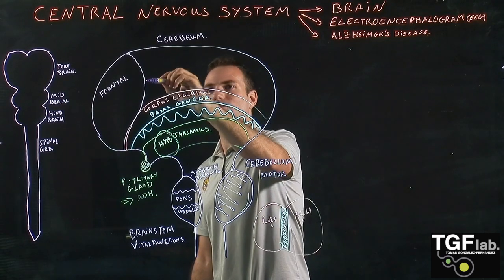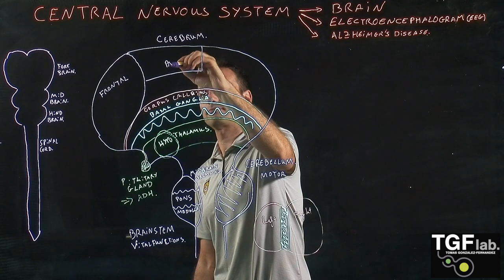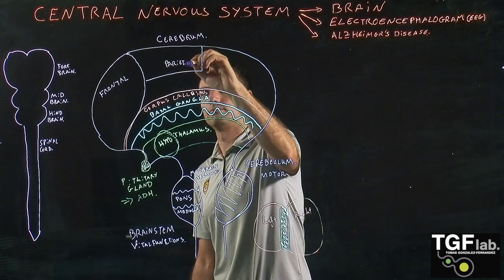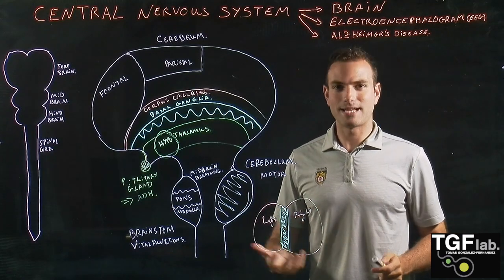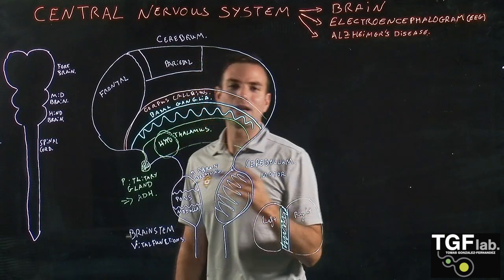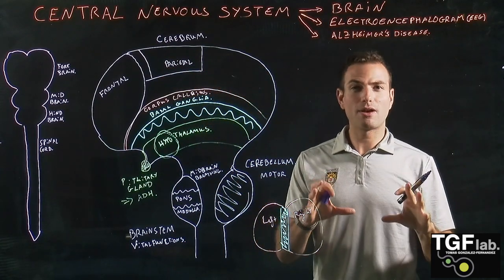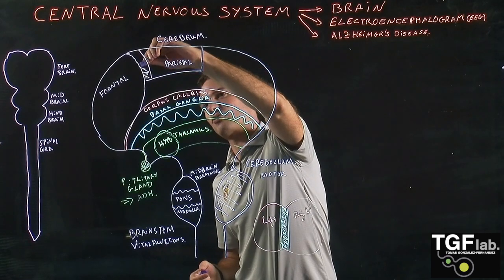Then here, if we continue, we have the parietal lobe. So the parietal lobe is very important to process sensations. And inside the parietal lobe, we have something really important that we are going to look at more in depth when we go through the sensory system, which is the somatosensory cortex.